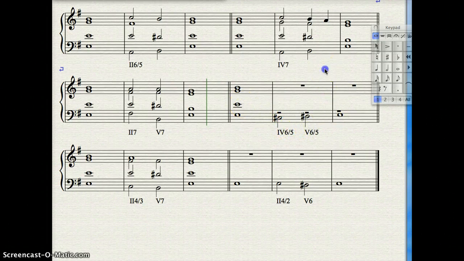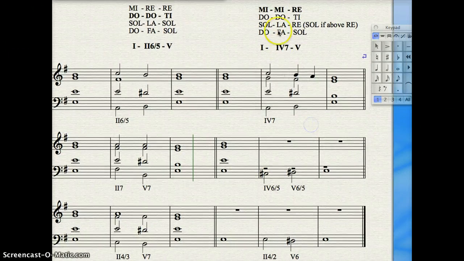Now let's go back up and remind ourselves about the voice leading of the 4-7 chord. It's mi, or in this case me. So there it is in the alto voice. Me, re. Now what do the other voices do?